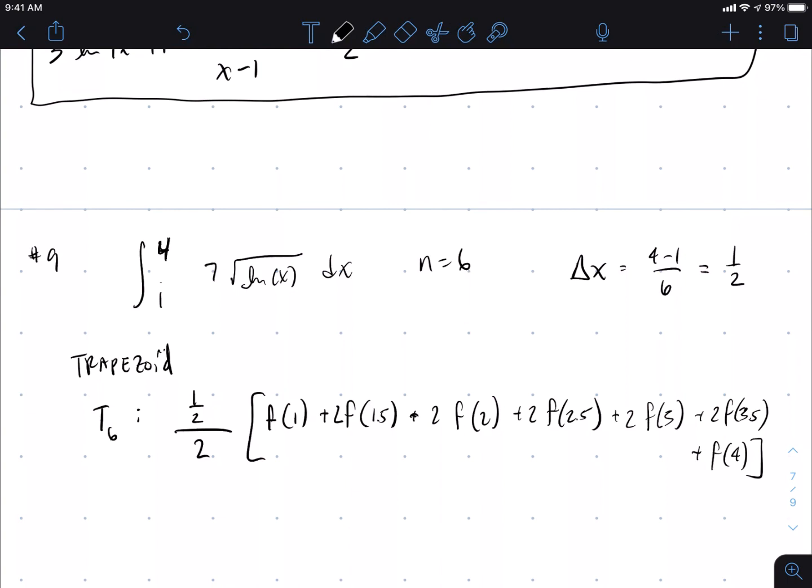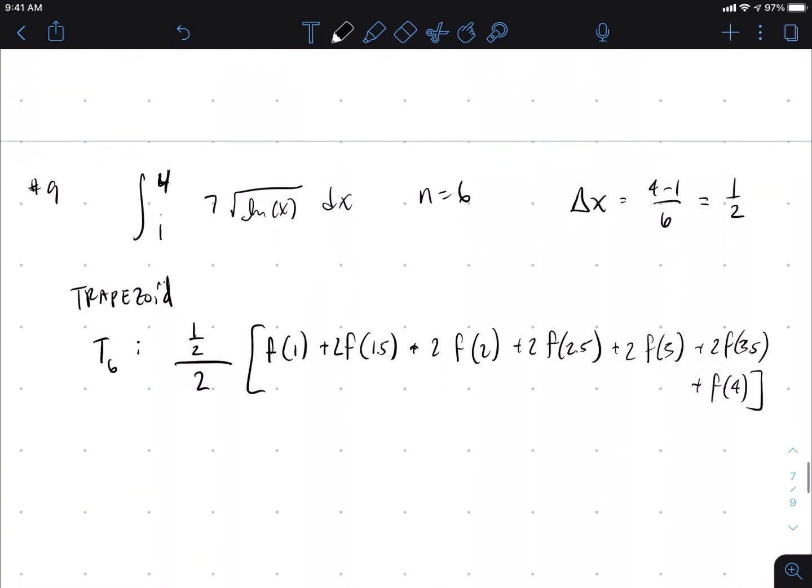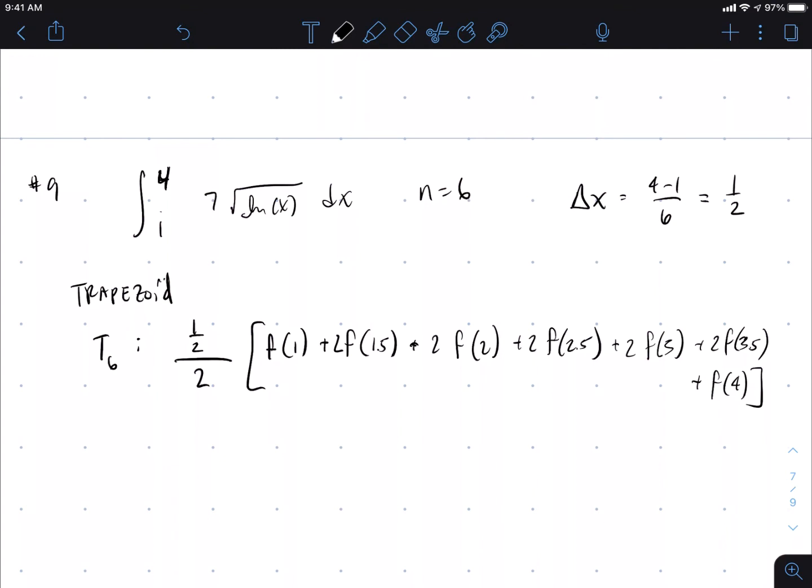So in this problem, on WebAssign they ask for 6 decimal places. So I would do everything to 7 decimal places, and then round at the end. In fact, I wouldn't round until the very end. Does that make sense? Yeah, because if you round at all before, you're going to get it wrong. That kept happening to me. Yeah, so don't do that. You'll get it wrong.